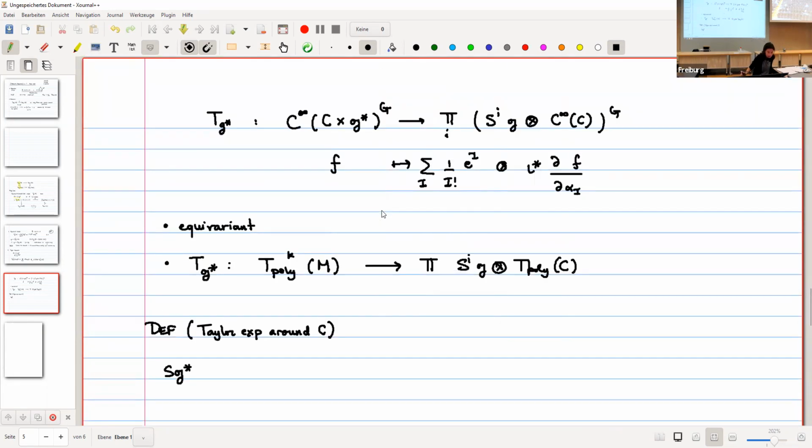Well, it's the first page, it doesn't matter, I rewrite it. Everything G-invariant. You remember this was the equivariant complex.